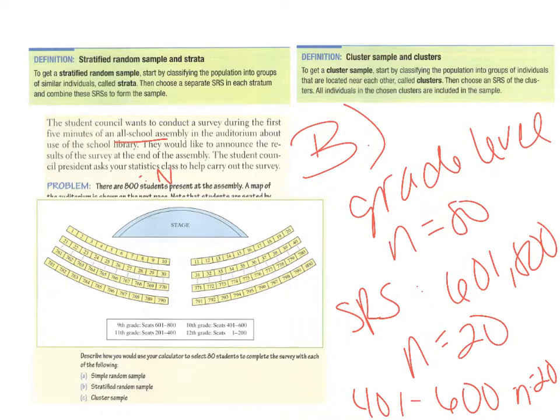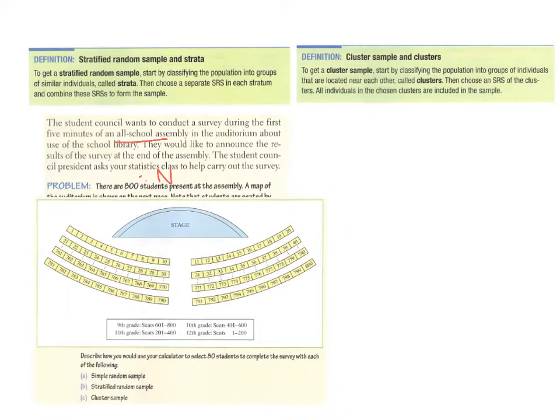Okay, as for the last one, where I'm going to do a cluster sample now. So for part C, I've got a cluster sample. If you look at the map here, we could use the rows and the columns to try to come up with some good clusters.